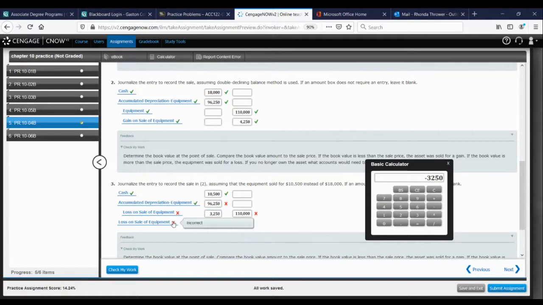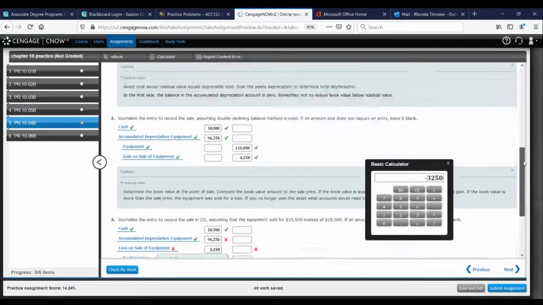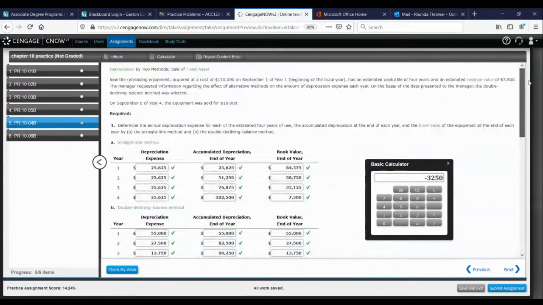And then the credit would have been to the equipment account itself. And the equipment account would have gone in at the cost of the equipment, which would have been $110,000 was the cost of the equipment.